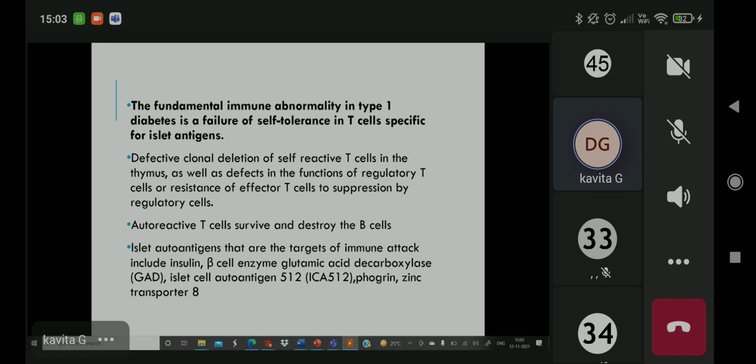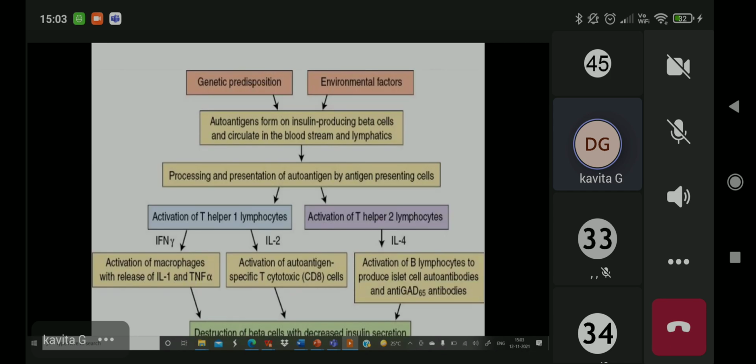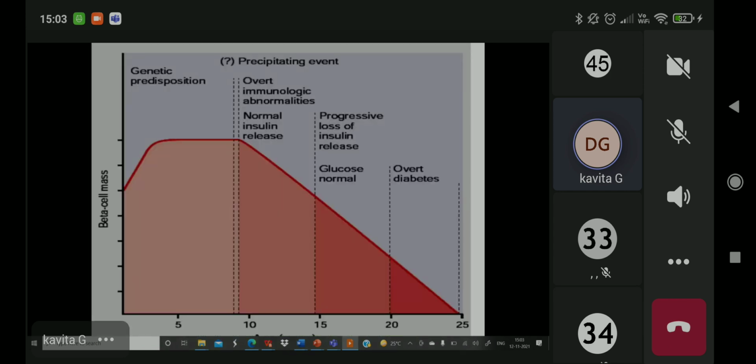So in that, you are going to actually deal with type 1 and type 2 separately. Type 1 being an autoimmune disease. You would mention this entire chart over here. This is nothing but the pathogenesis of type 1 diabetes mellitus in very short. And you can mention that. The more diagrams you make, the better.